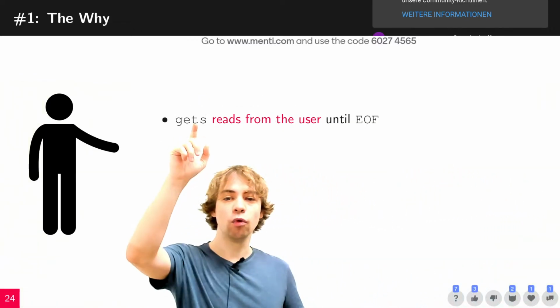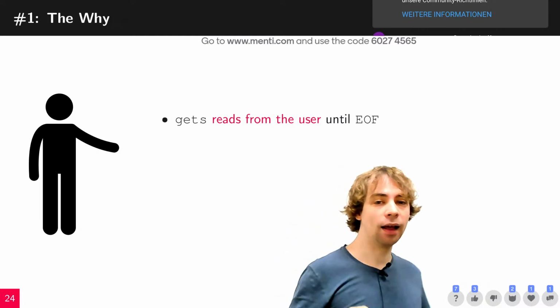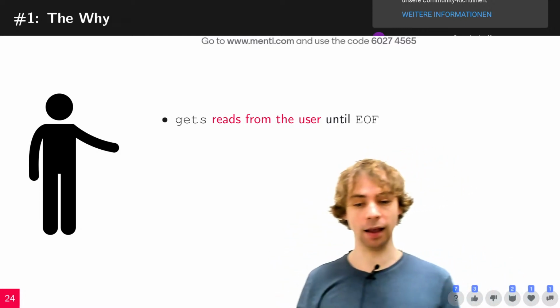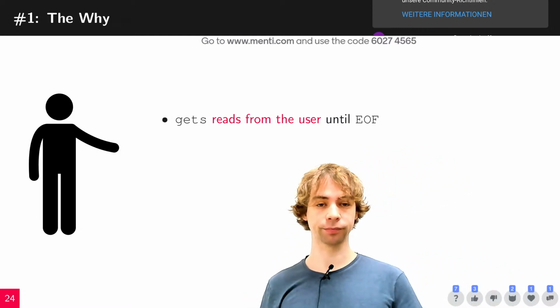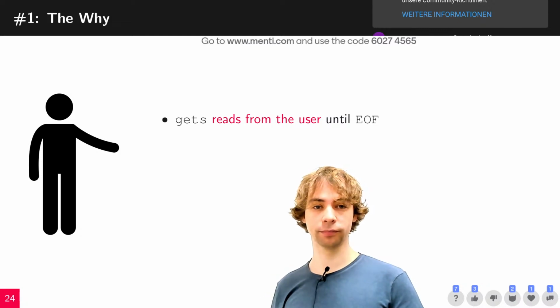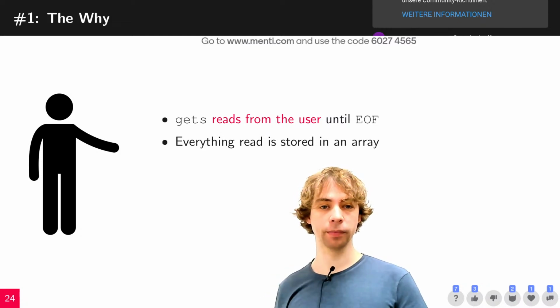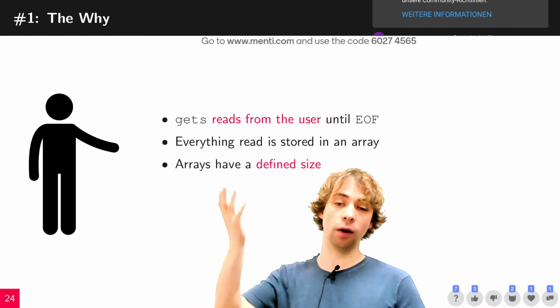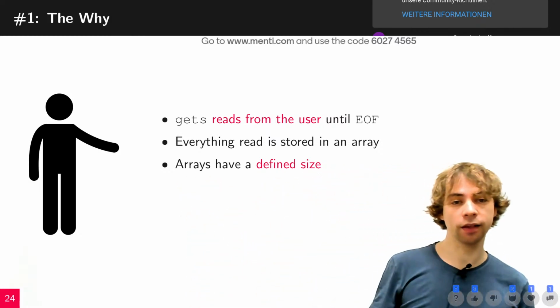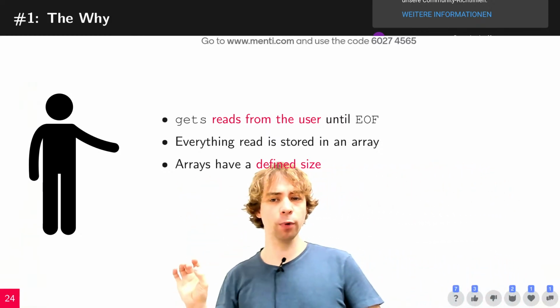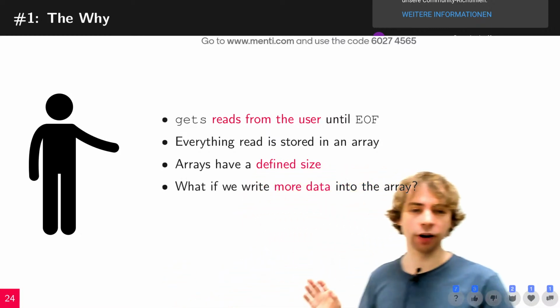Well, gets reads from the user until end of file, until the end of the input. Everything is stored in an array. And the array, well, all arrays have a defined size. So what if we write more data into the array?